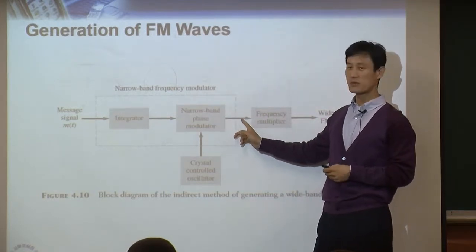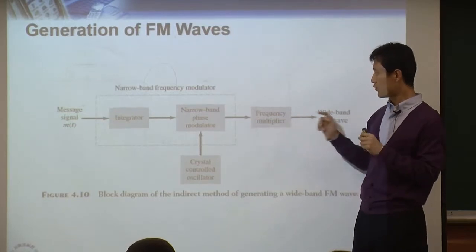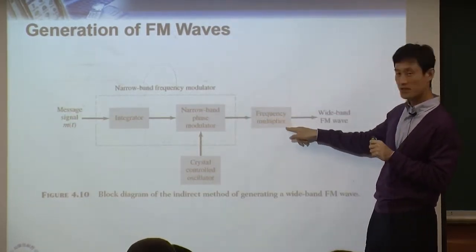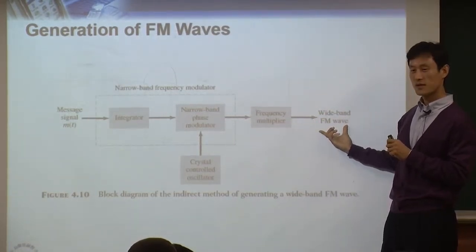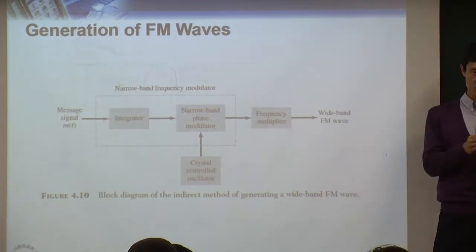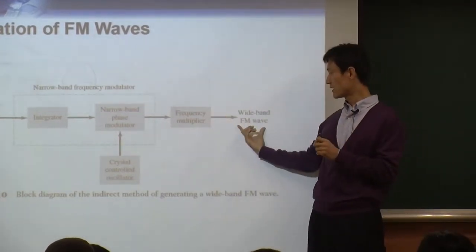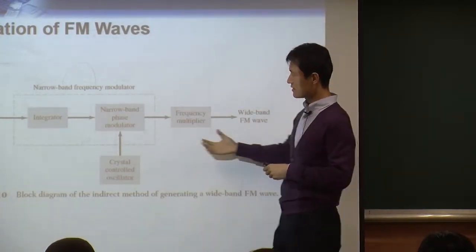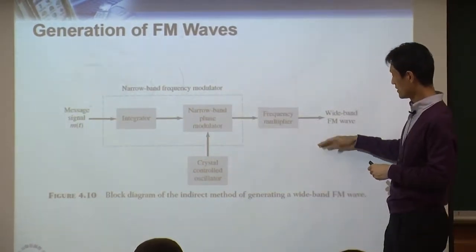Once you get the narrowband FM, we put this narrowband FM signal into the frequency multiplier in order to get wideband FM. So first we generate the narrowband FM signal, put that into the frequency multiplier, and then you're going to get wideband FM.